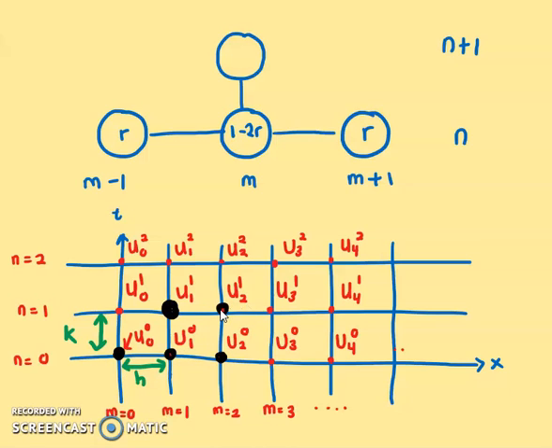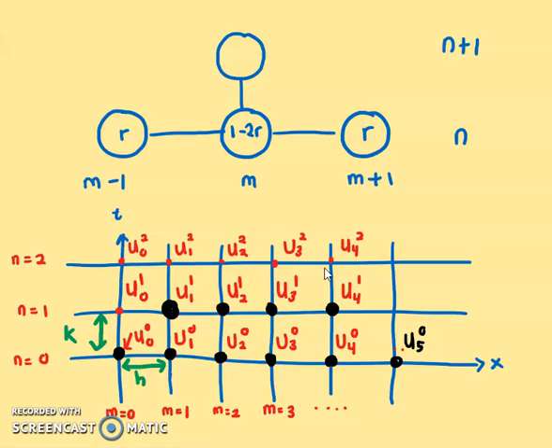To find u21, we need the values of u10, u20, and u30. Now to find the value of u31, we need u20, u30, and u40. And if you want to find this value u41, we need the previous values of u30, u40, and u50.